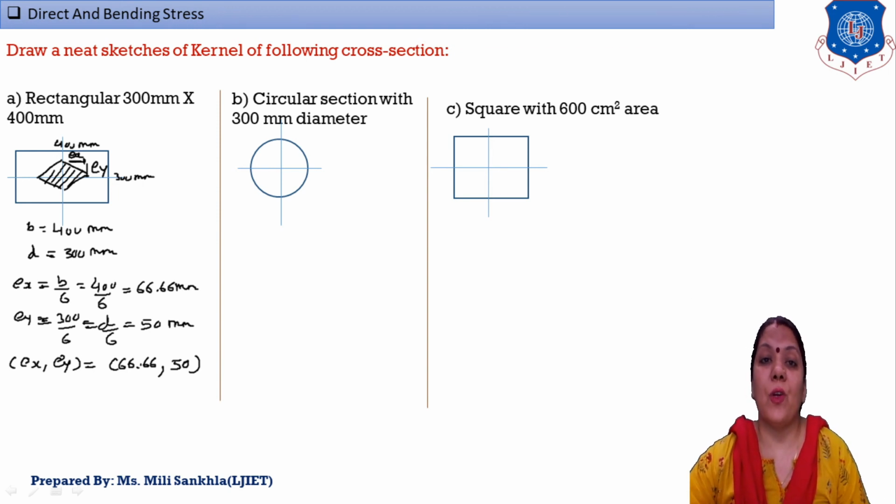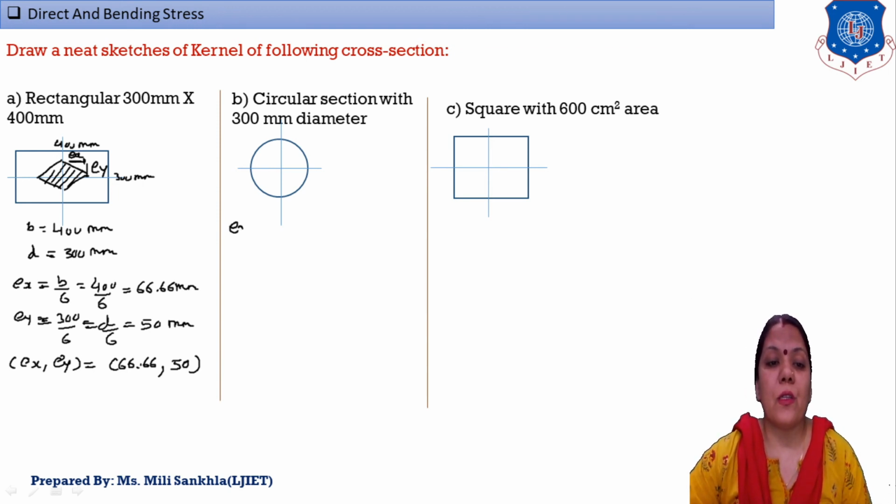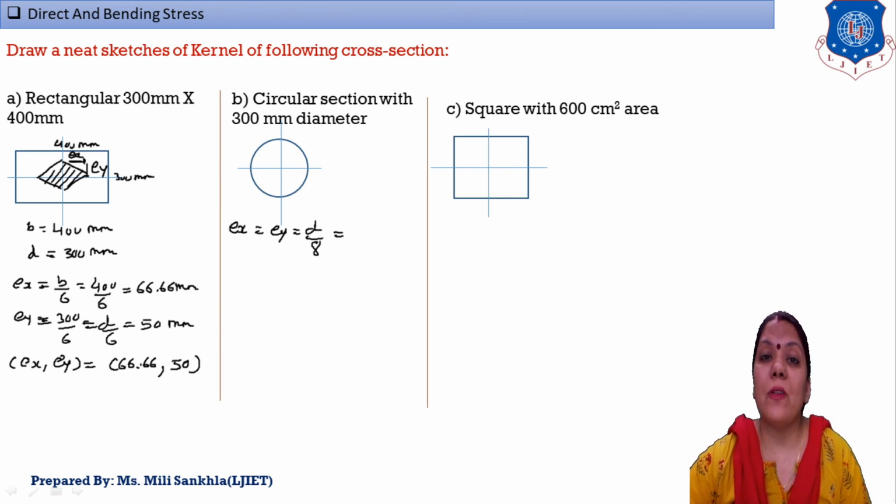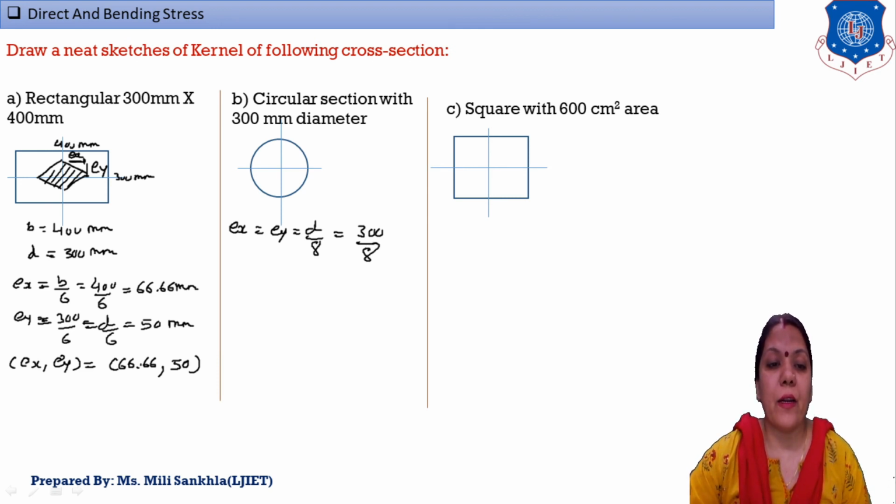Now this is our circular section. For a circular section, Ex and Ey are equal to D by 8. The diameter is given as 300 mm, so 300 by 8, and after that Ex is equal to Ey is equal to 37.5 mm.